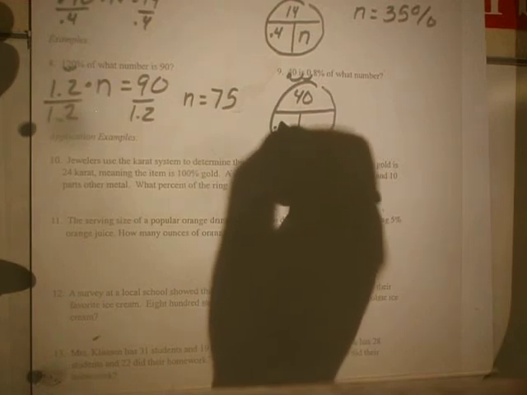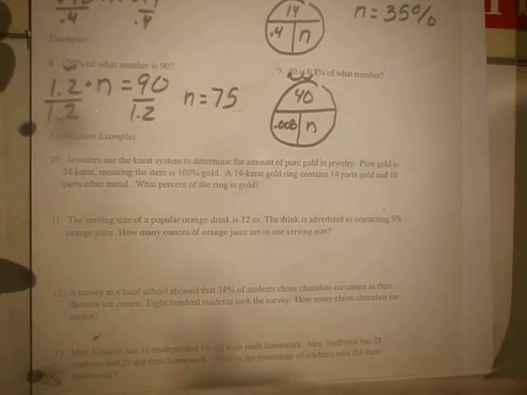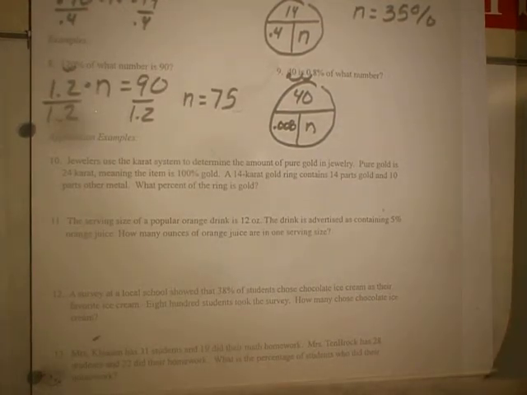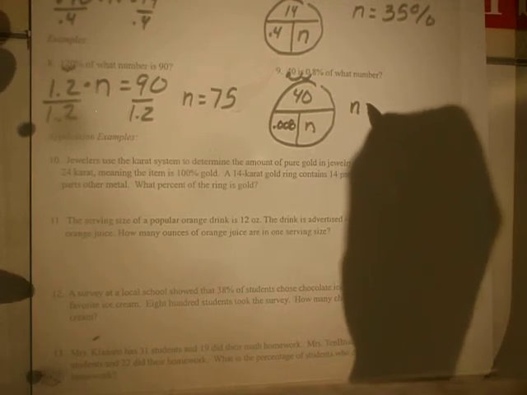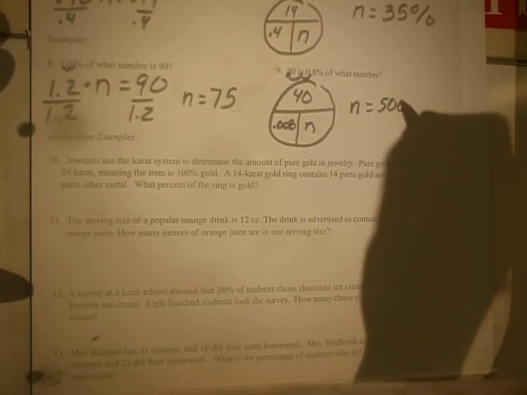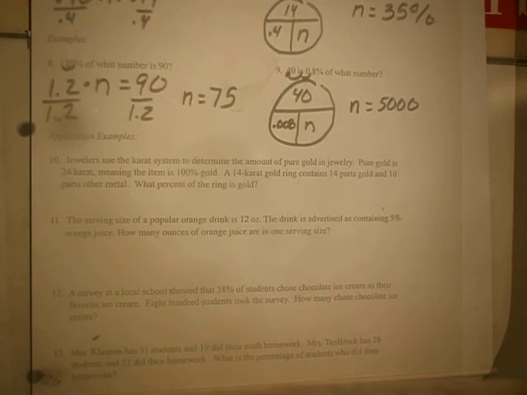And this is 0.008. And then since the 40 is on the top, the 0.008 is on the bottom. You divide those and you should end up with 5,000. If you ended up with an answer of 50, you didn't move your decimal point over.